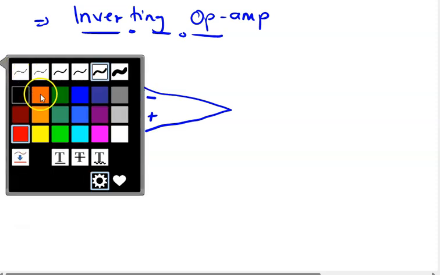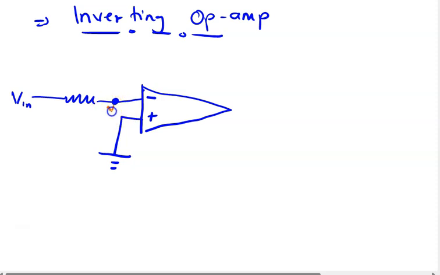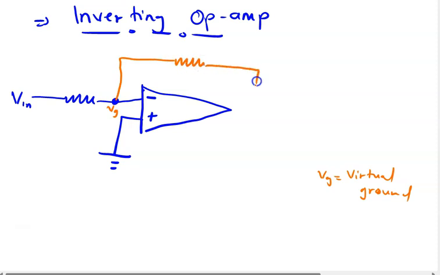This side is termed as virtual ground, that is VG, where the feedback is normally connected. So the feedback of the system is normally connected to the virtual ground.